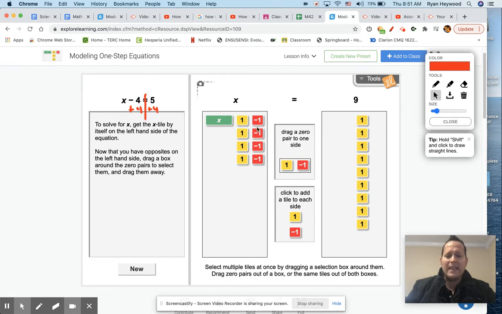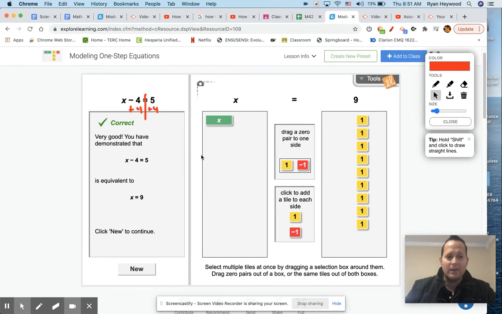Because they cancel each other out, we can just highlight all these. These are the directions: now that we have opposites on the left-hand side, drag a box around the 0 pairs to select them and drag them away. So we dragged a box around these, and we just take them and drag them away, okay?